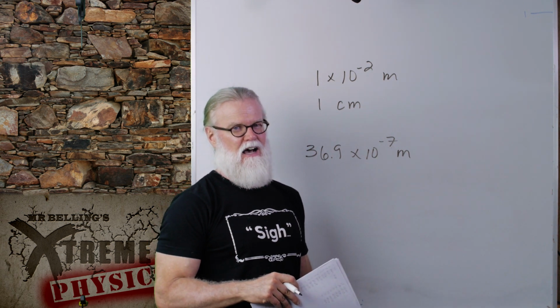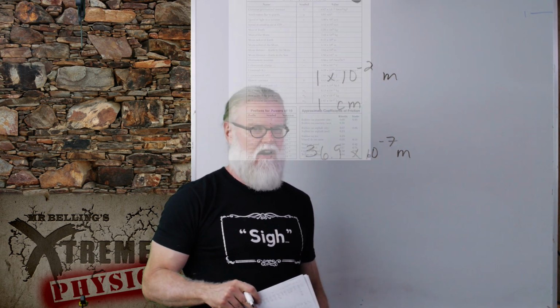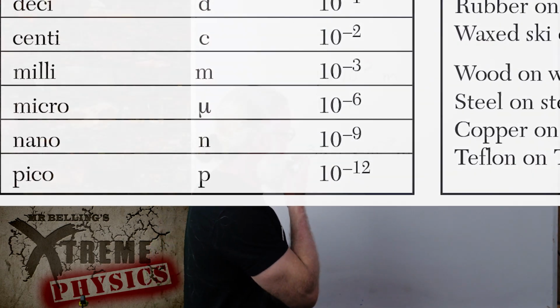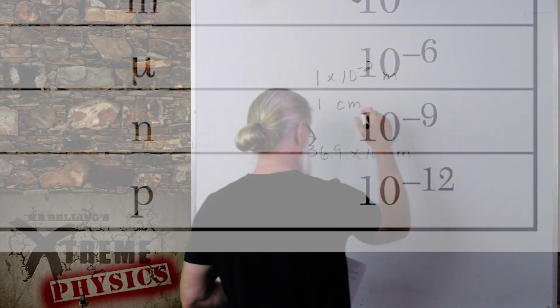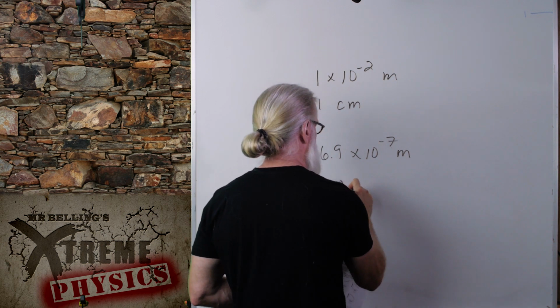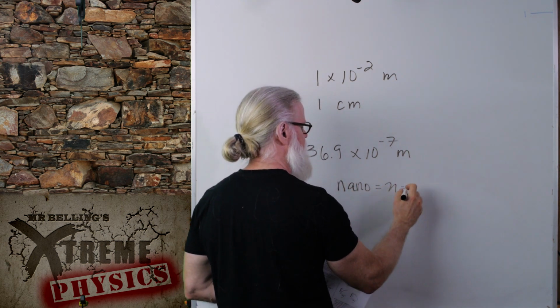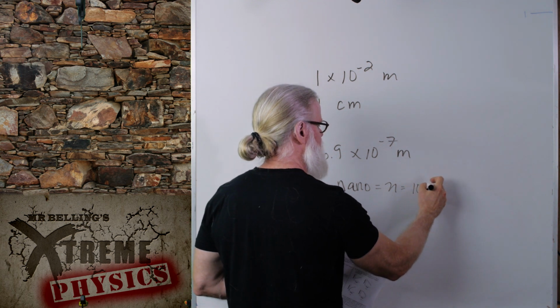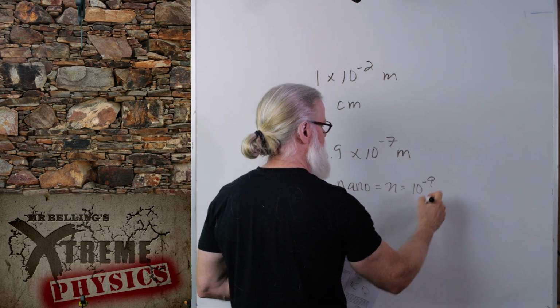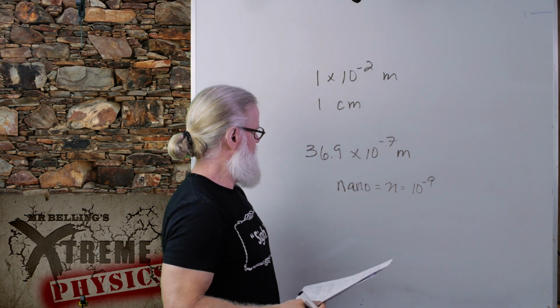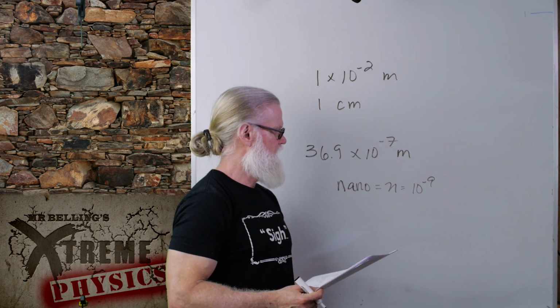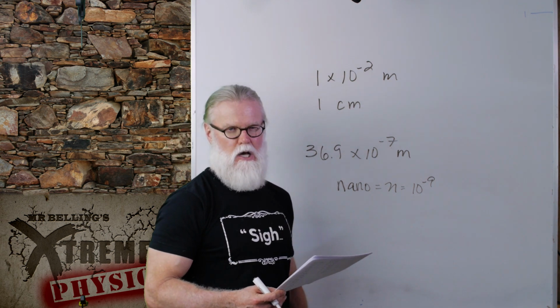So if they ask that, I need to look up in my Regents reference table what nano means. And I think nano, which is lowercase n, is 10 to the minus 9, I believe. Yes, 10 to the minus 9, and 10 to the minus 12 would be pico.